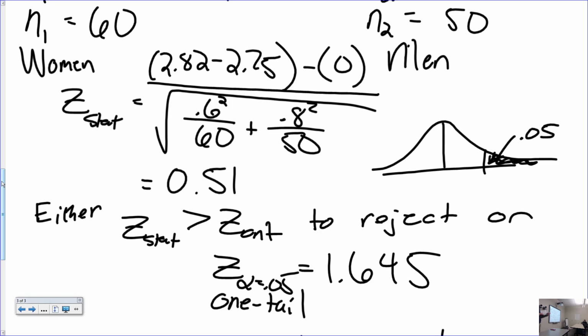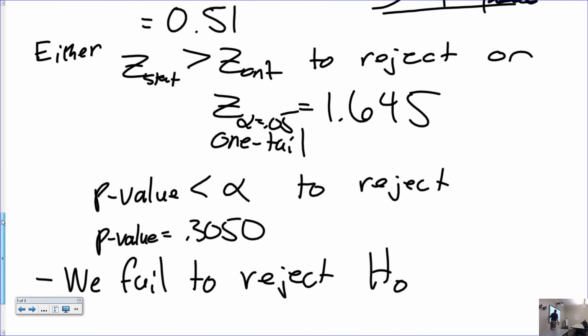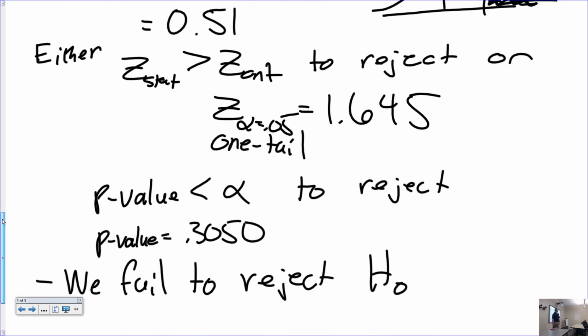Oh. So when it's one tail, double your alpha to switch it to a two-tail lookup. Okay. So was it 0.51? You look up negative 0.51 in table A. Good?